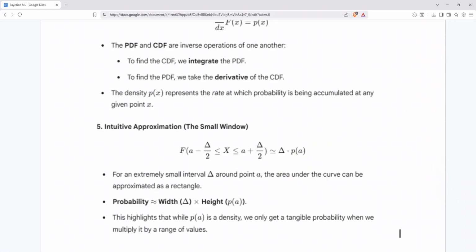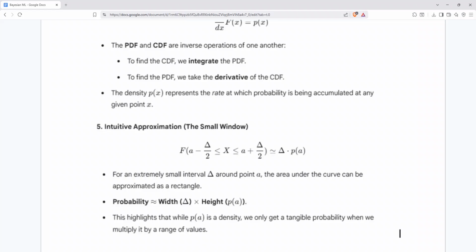Now, as you know, the area of a rectangle equals width times height. So the probability is almost equivalent to the total length of the interval around a, to its left and right, times the density P of a. And this gives us a very clear understanding. To get probability, we always need density times range.